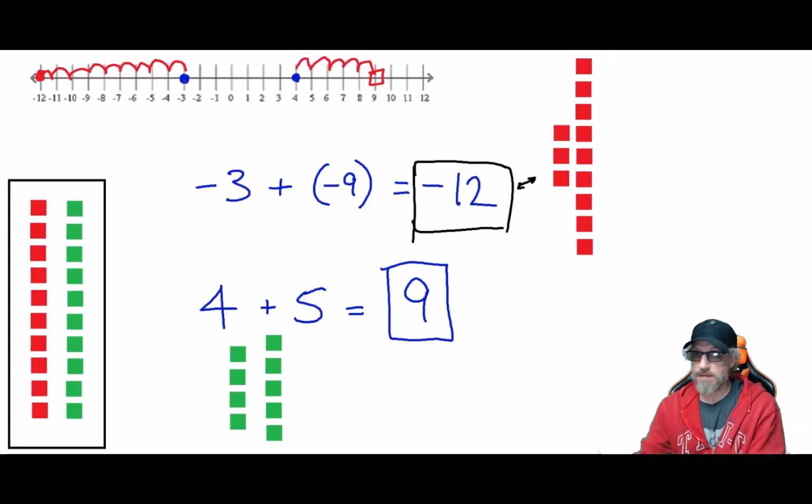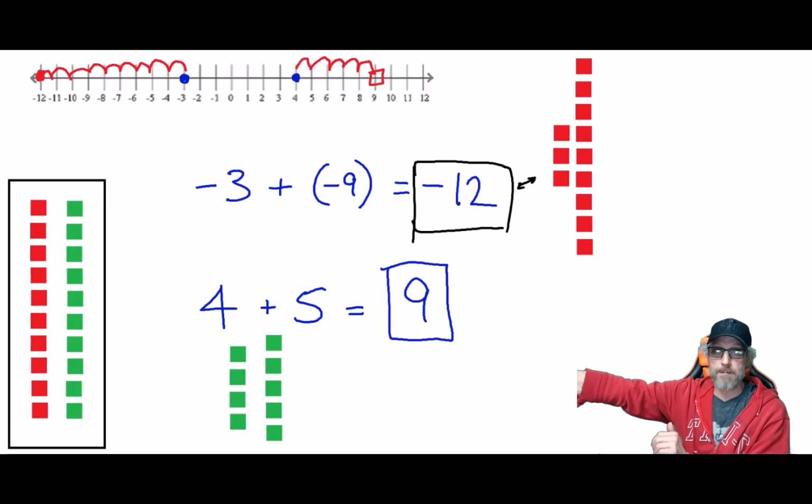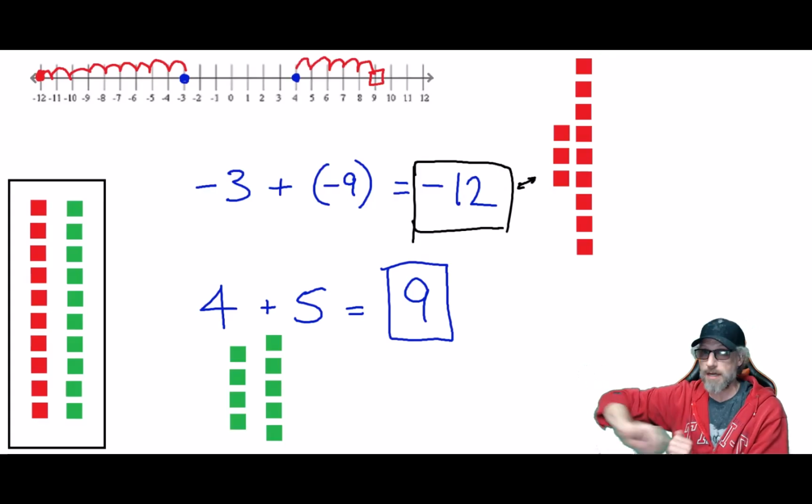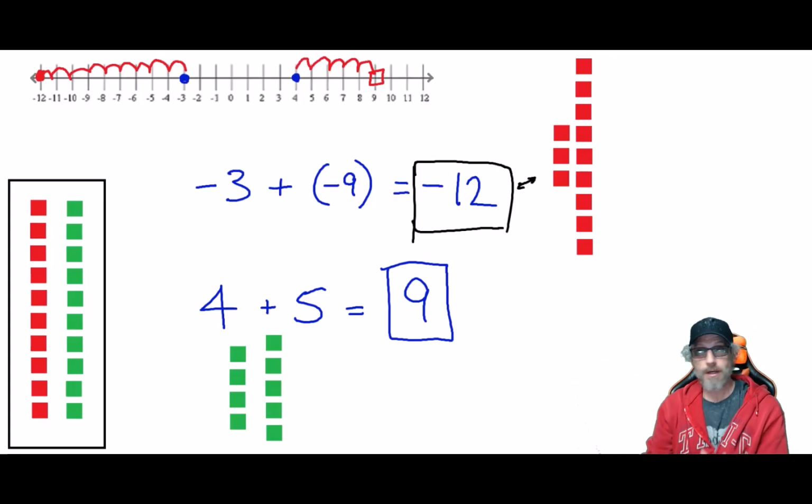And when they're all positives, you're just continuing to go into that right direction on the number line, positive direction. Just like the money's coming in, not having to pay anything out, 4 and 5, 9. If they're the opposites, it works the same way, but just negative direction. 3, bill for $3, bill for $9, total bill for $12.